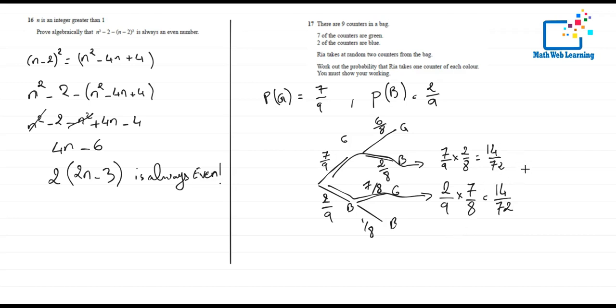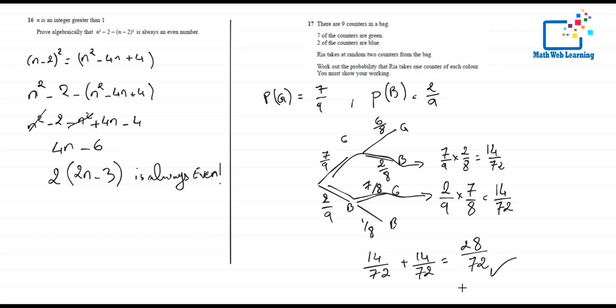So we need to add these two here. So the answer to our question 17 is 14 out of 72 plus 14 out of 72, and the answer is 28 out of 72. And that is your answer. Do not bother cancelling it down. Usually with probabilities you do not need to cancel it down.